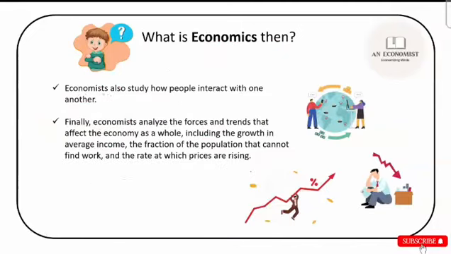Also, economists study how people interact with one another, and they also analyze the forces and trends that affect the economy as a whole, including the growth in the average income, the fraction of people that cannot find work, and the rate at which prices are increasing. So they talk about inflation, they talk about unemployment, and they also talk about how people interact with each other, how economic interaction takes place in an economy, right?